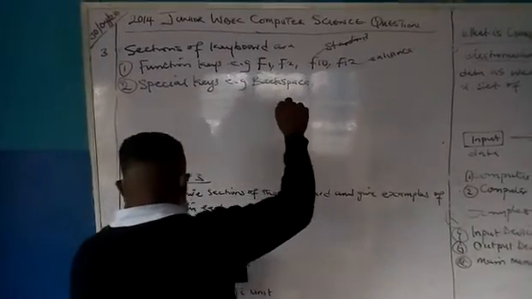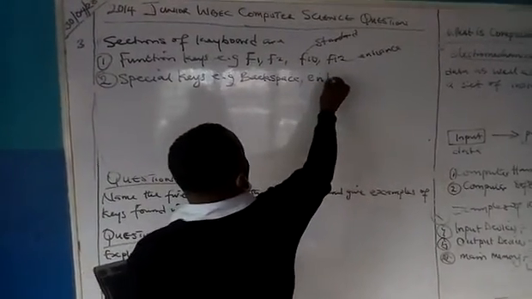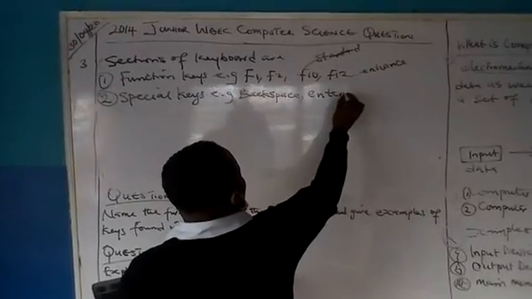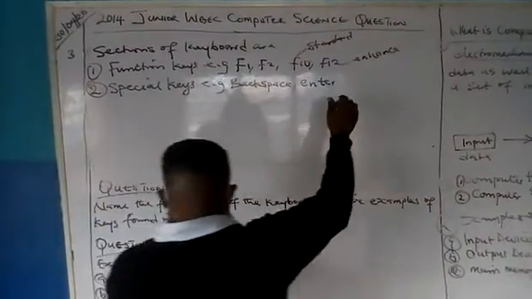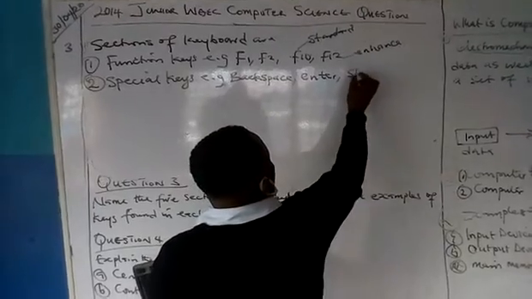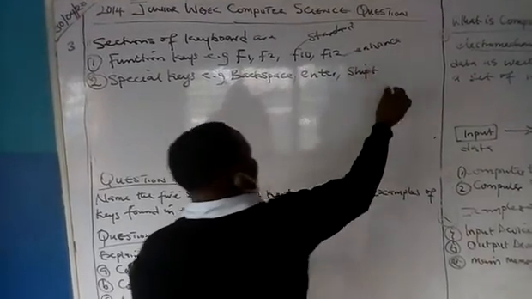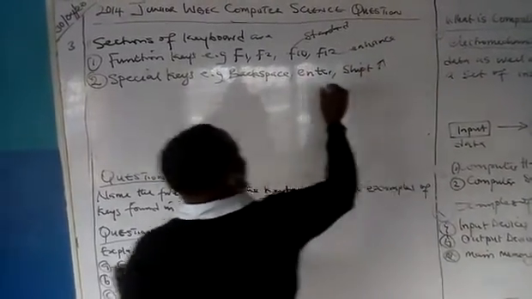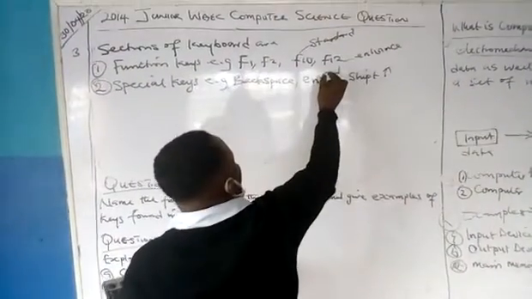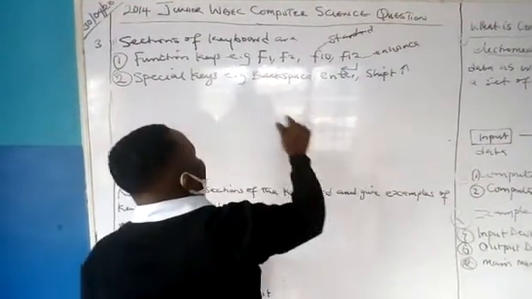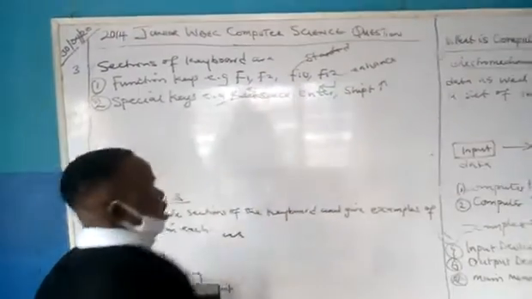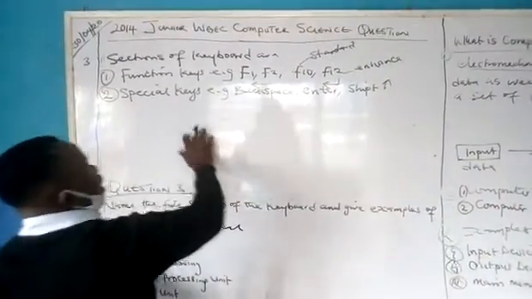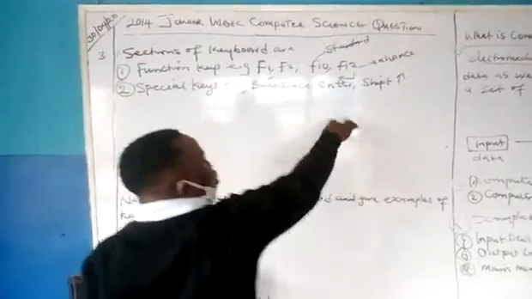You see enter. Enter key. You see shift. No, shift carries the arrow up. The enter key carries the arrow like this, you see the arrow like this to enter. Backspace carries the arrows like this. So backspace you use to delete. This one is used to enter.